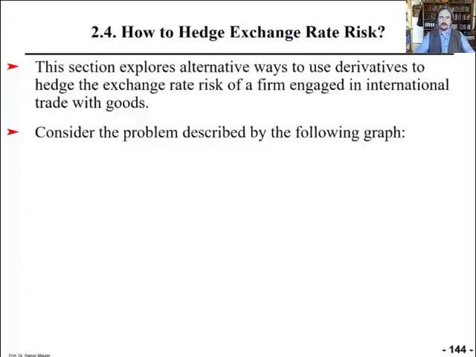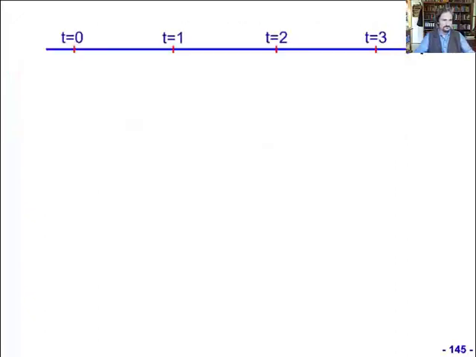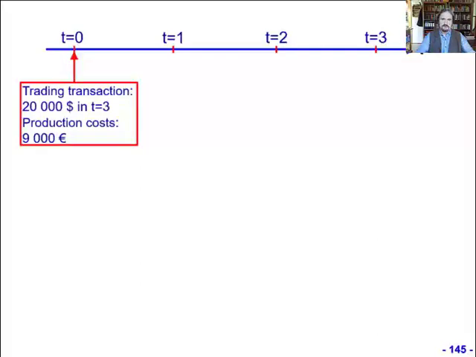Consider the problem of the exchange rate risk as described by the following graph. Let's analyze the exchange rate risk of a typical commercial deal of a private company which sells goods to clients in other currency areas. Let's assume a European car producer sells a car to a client in the dollar area at a price of $20,000, while the production costs for this car equal 9,000 euro.